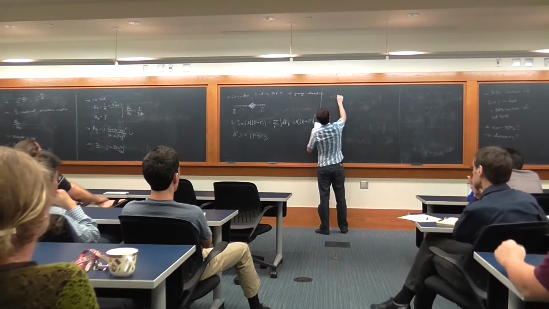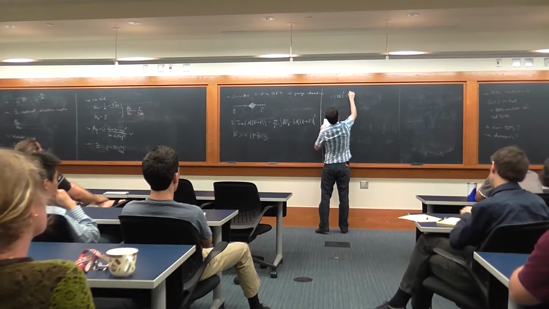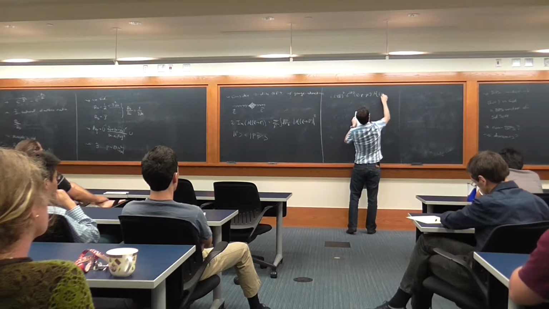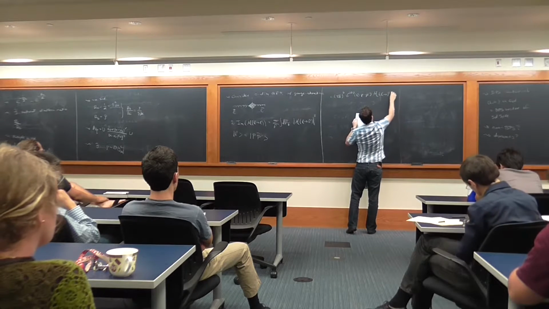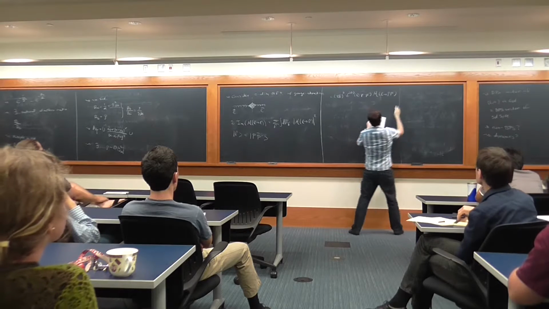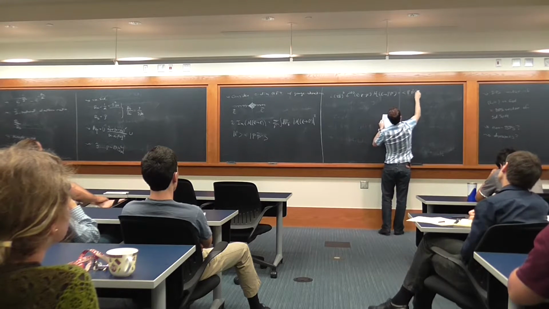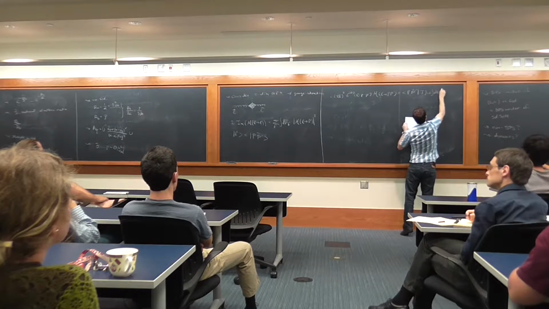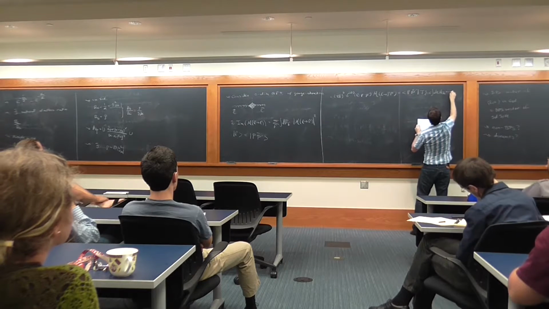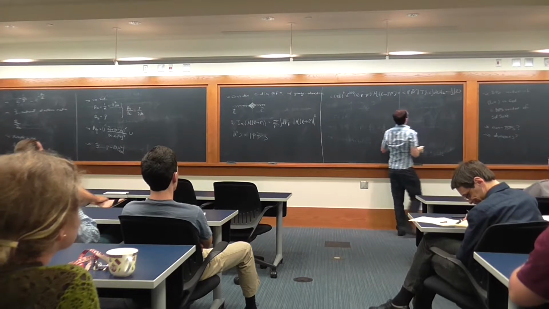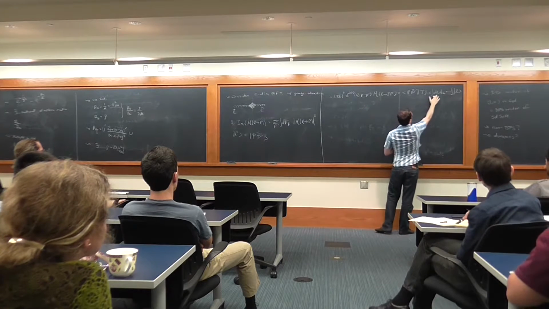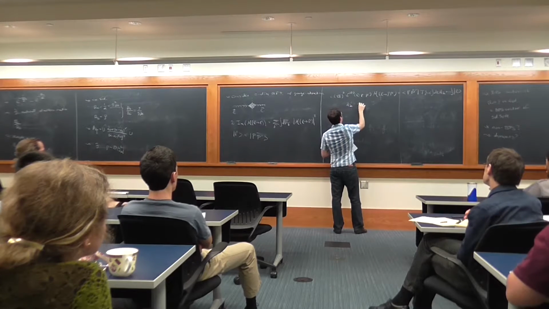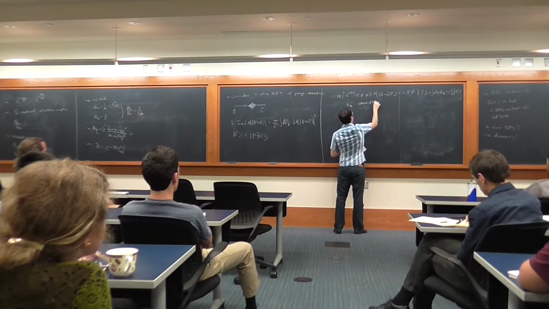So here there are some factors of phi, some delta functions, and the amplitude can be related to a matrix element, where here I've just expanded the S matrix, or the interacting part of the S matrix, and H_I is the interacting Hamiltonian.